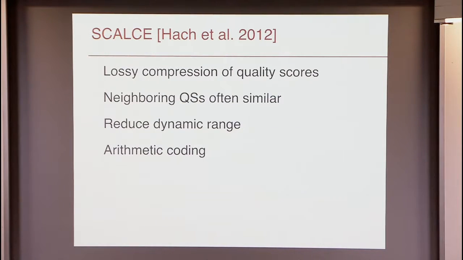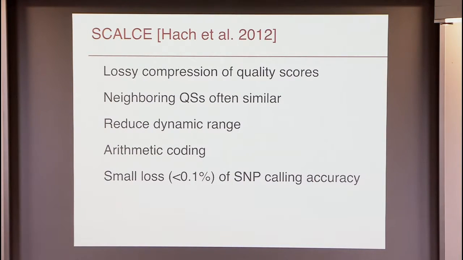The idea is to reduce the dynamic range and apply arithmetic coding, and we get a small loss of SNP calling accuracy as a result. I'm not going into great detail here because it's part of the SCALCE paper I already talked about.